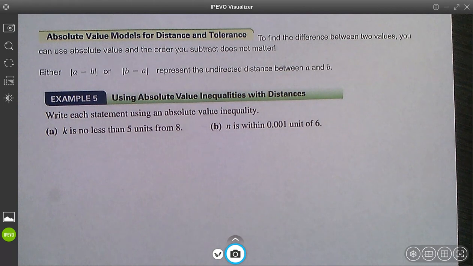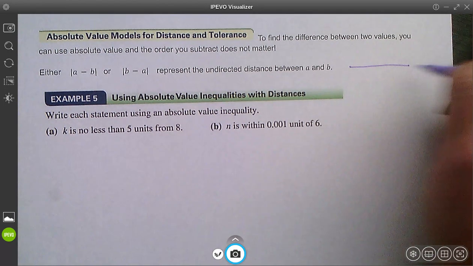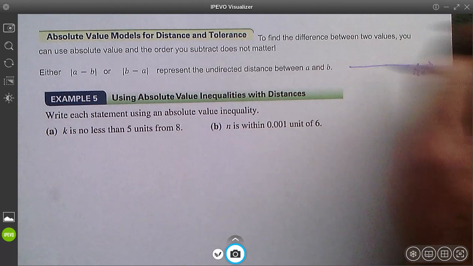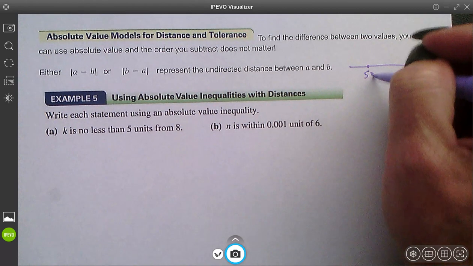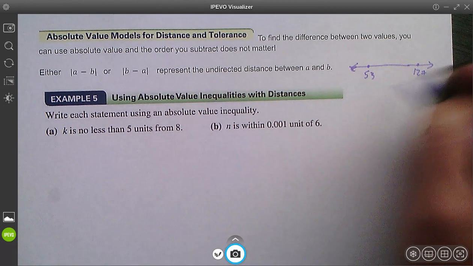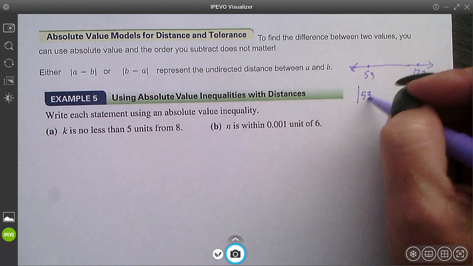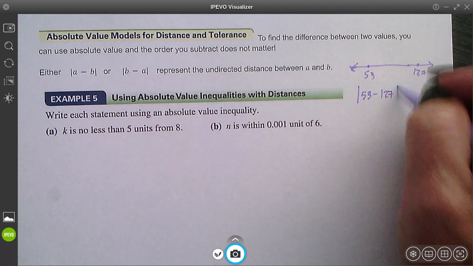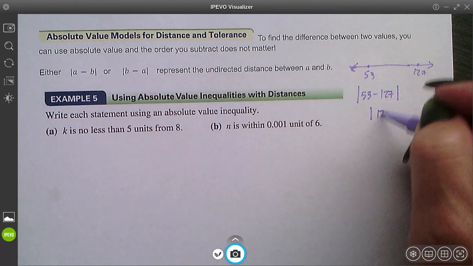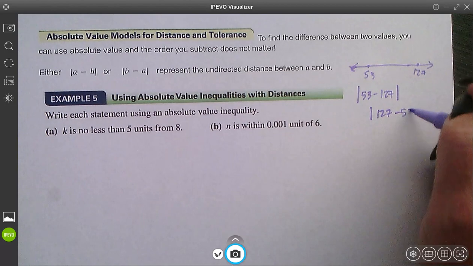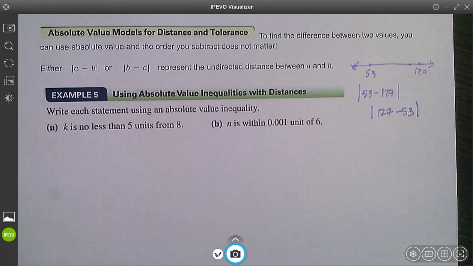So if I want to know how far it is from 127 to 53, I can either do the absolute value of 53 minus 127 or the absolute value of 127 minus 53. Either way, that's going to give me the same value.